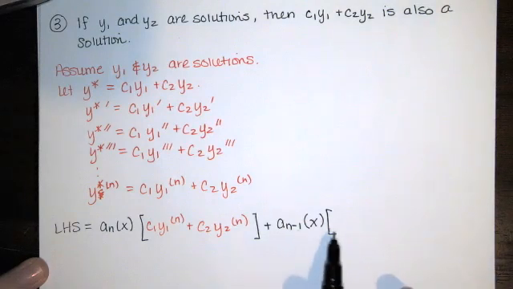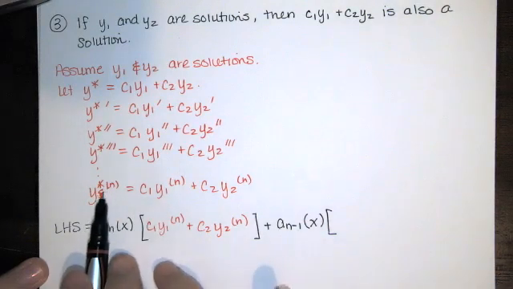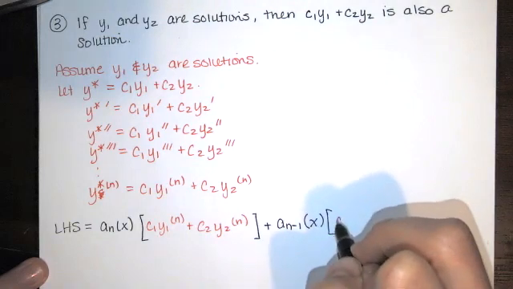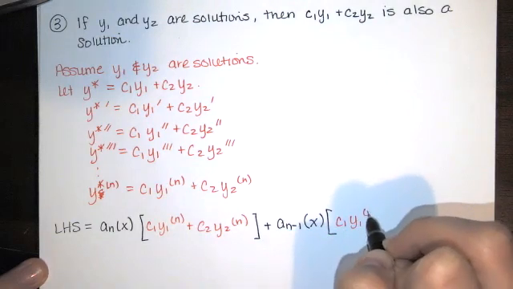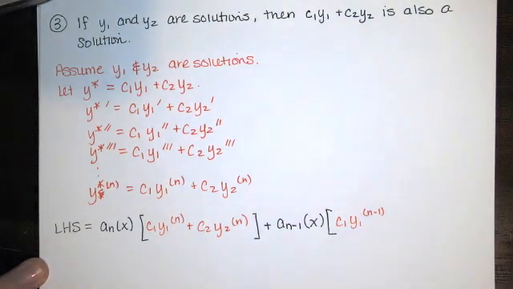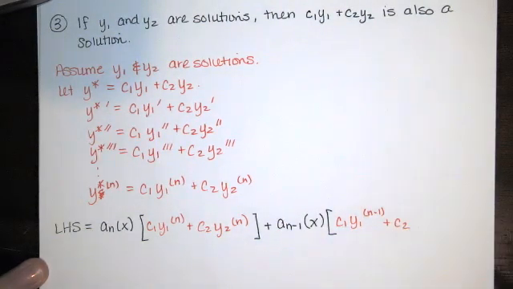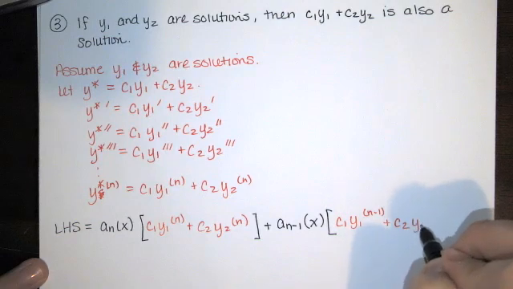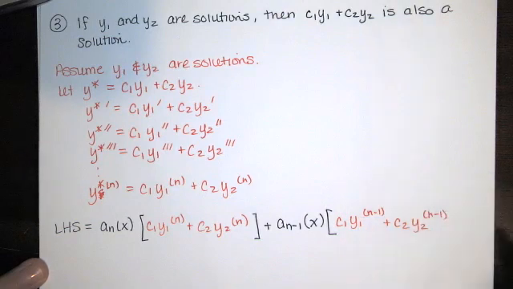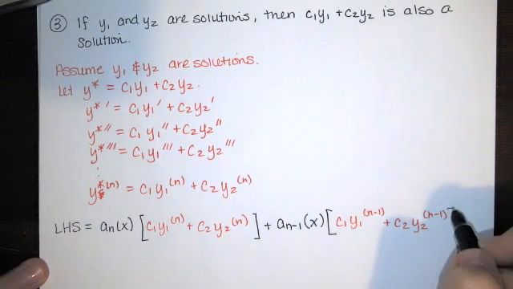Then you're going to have a sub n minus 1 times the n minus 1th derivative of y star. So that's going to be c1 y1, not raised to the n minus 1, but you're taking the n minus 1th derivative of y1. And then you're adding a constant times y2's n minus 1th derivative, and so on.